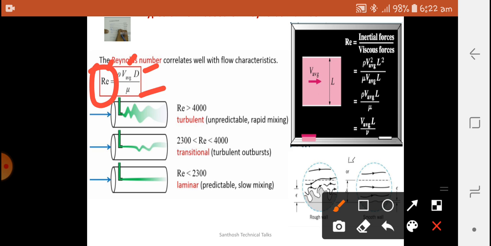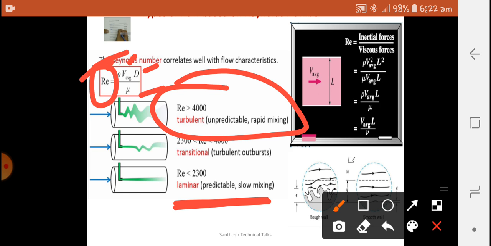If the final value is less than 2300, it is called laminar flow. Laminar flow is predictable, with slow moving of the fluid jet. And if the final value is greater than 4000, it is turbulent. It is unpredictable, and there is rapid mixing.